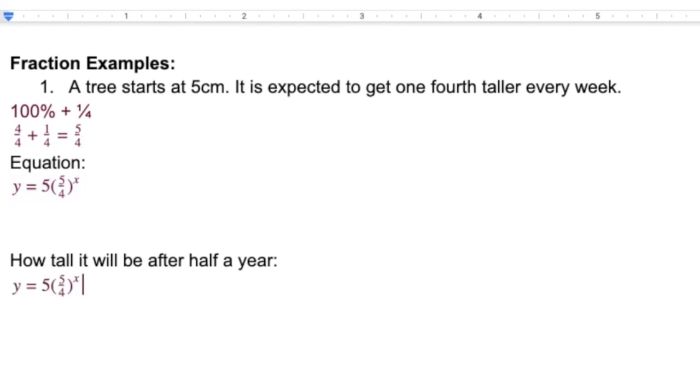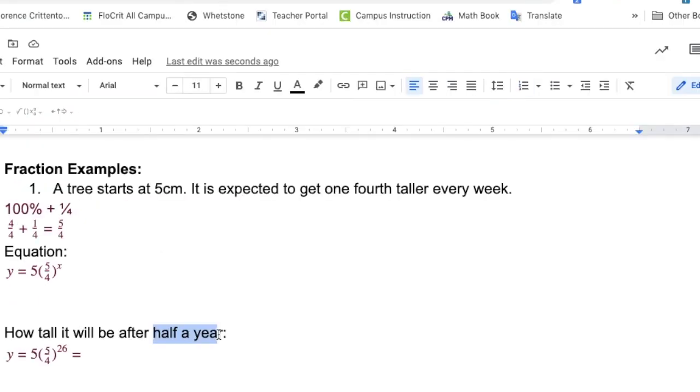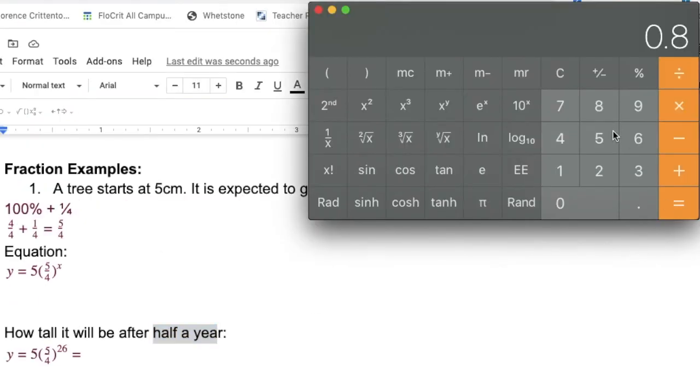How tall do you think it's going to be after half a year? All right, well, 26 is the X, because this is in weeks, and this wants to know about half a year. And since there are 52 weeks in a year, and I'm taking half of that, it's 26 weeks that have gone by.